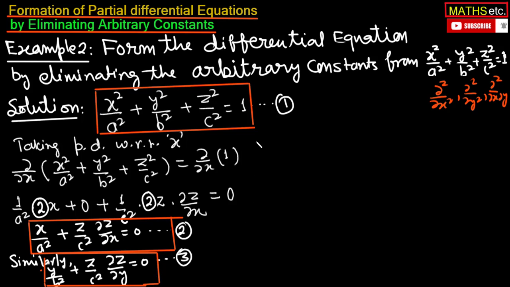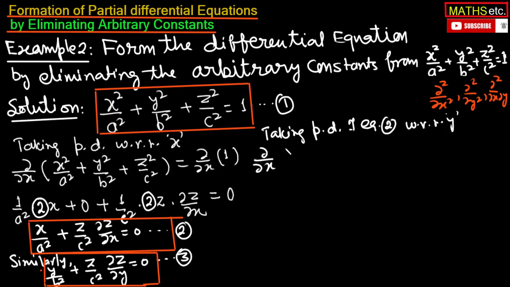So we are taking partial derivative of equation 2 with respect to y. Equation 2 is implicitly defined, so this will be del over del y of x over a square plus z over c square del z over del x equal to partial derivative of 0 with respect to y.